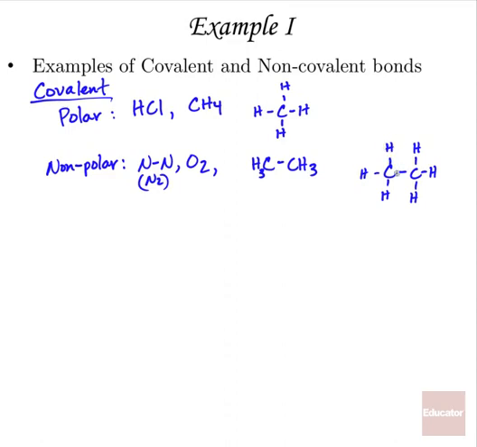So all of the carbon-hydrogen bonds are actually covalent, polar covalent, but the bond between the carbon and the carbon is actually a non-polar covalent bond. Okay, so the non-polar, let's put in green, this is actually non-polar.